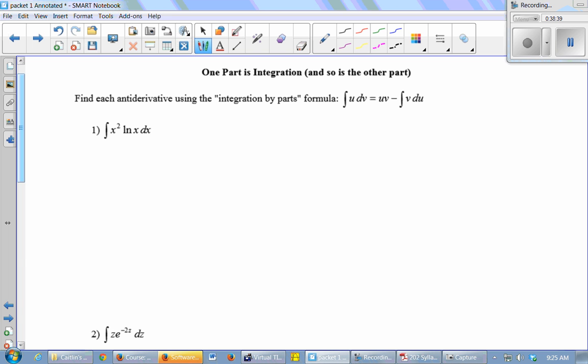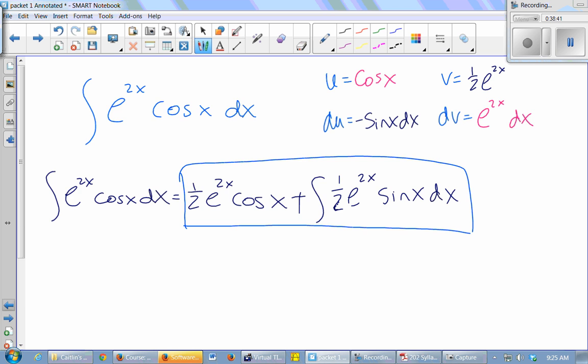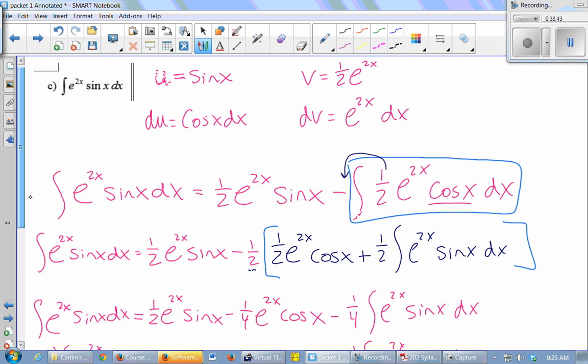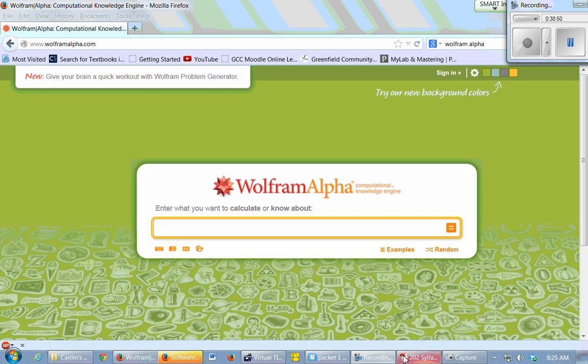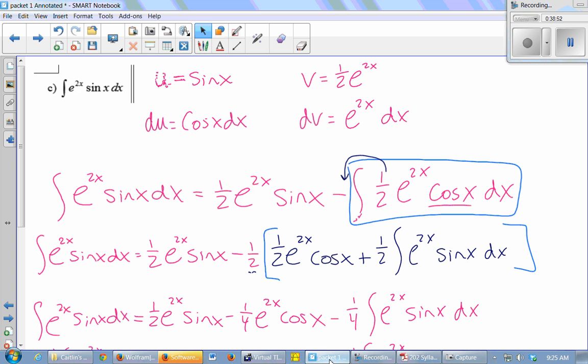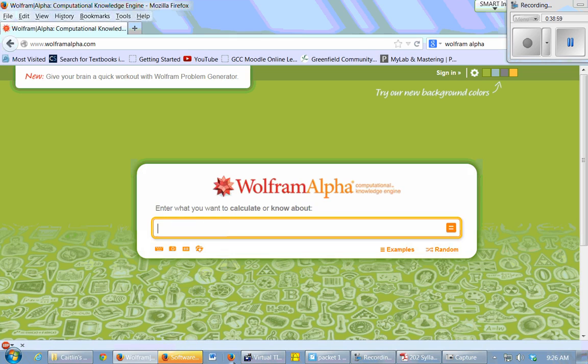All right, another great way to check stuff, though, would be Wolfram Alpha. Let's try that. If anyone hasn't seen it, very useful. Okay, so I just want to check what is the integral of e to the 2x sine x. So I go to Wolfram Alpha and I type that in.